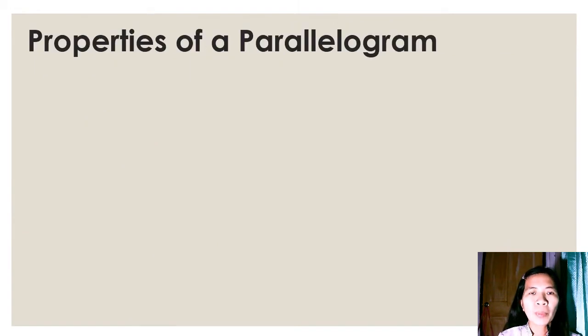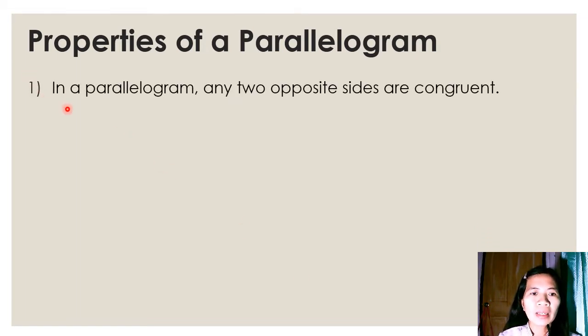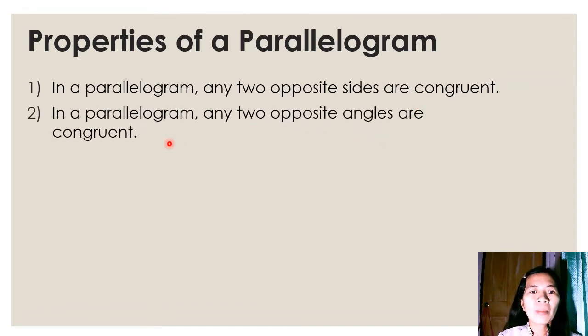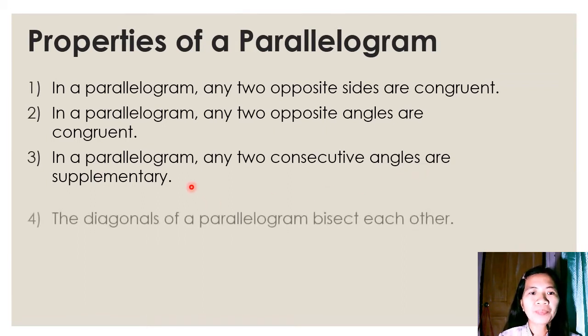What are the properties of a parallelogram? We have five properties. Number one, in a parallelogram, any two opposite sides are congruent. Number two, any two opposite angles are congruent. Number three, any two consecutive angles are supplementary.